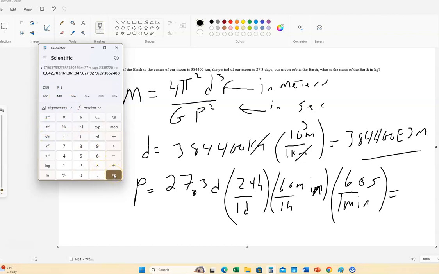All right, so there we go. And that, even though it doesn't look like it, is the mass of the Earth.